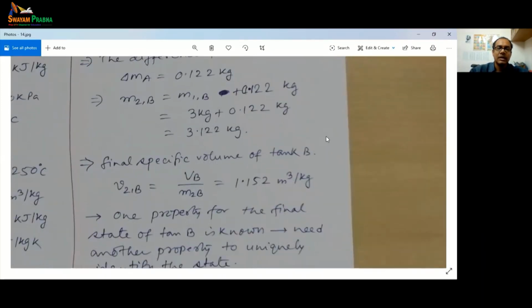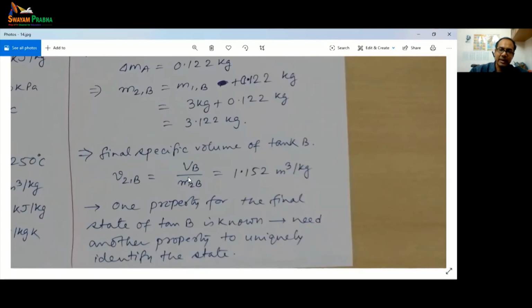Okay. Now the volume does not change for tank B, right? So the specific volume we can find by dividing the volume of B by the final mass of B. By that way, we know the specific volume in the final state of tank B, that is 1.152 meter cube per kg.